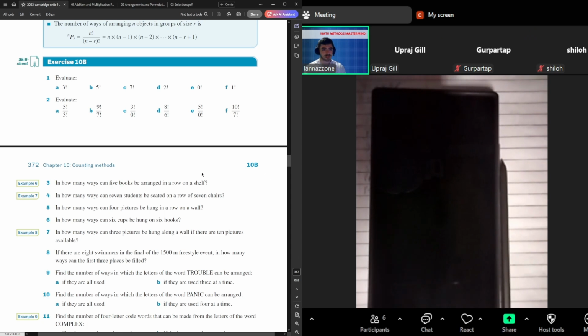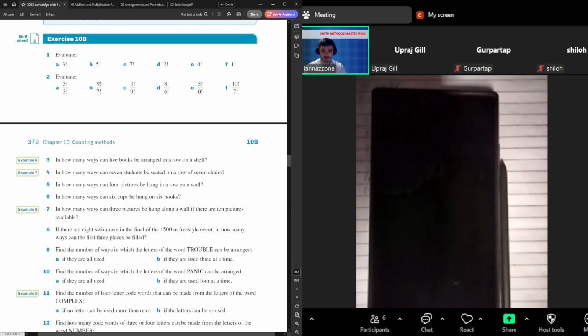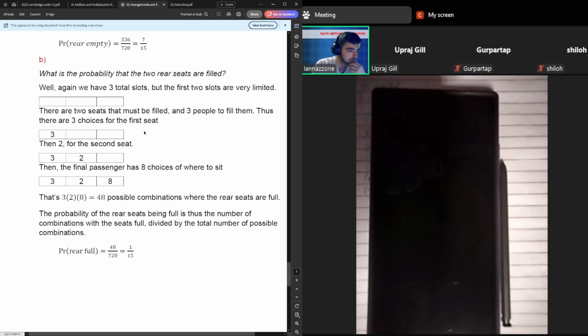So with the remaining time we have, 10b, we're looking at now the arrangements side of things. So up the top is basics of factorials. I'll say try at least 2a. That way you can make sure you understand how to do your factorials.